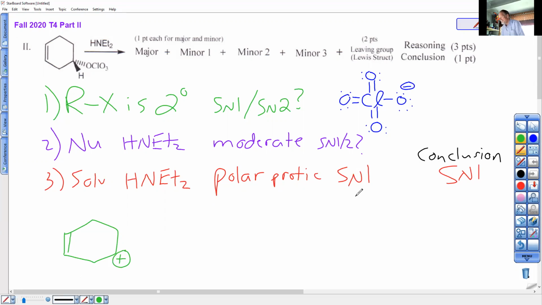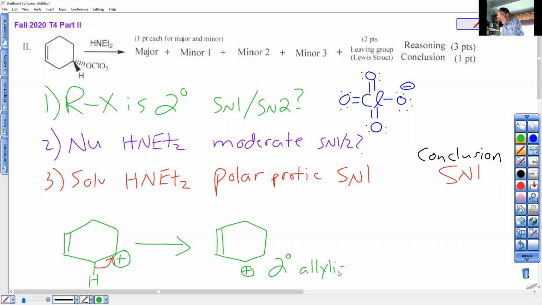And you realize that this cation has the ability to become a much superior cation with a hydrogen shift. Those shifts don't go away. Why is this a superior carbocation? Not only is it secondary, but it's also allylic.